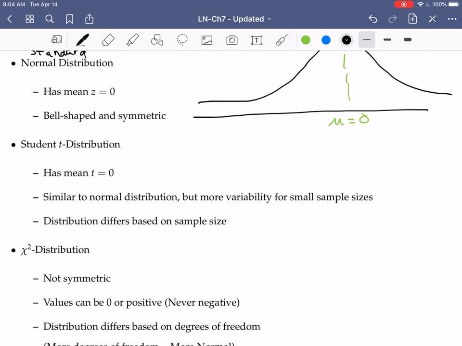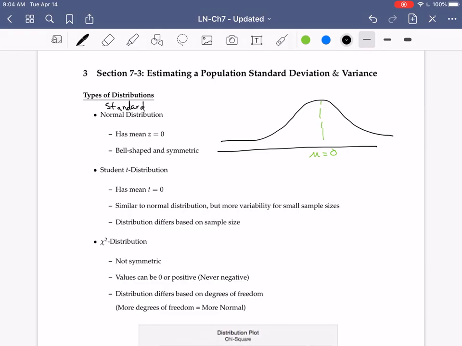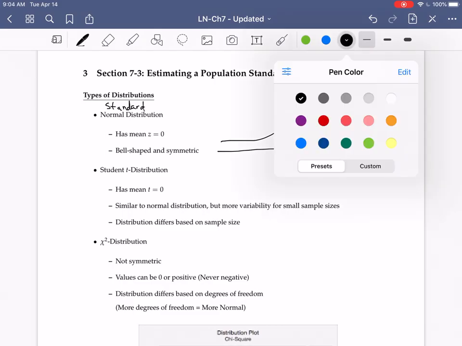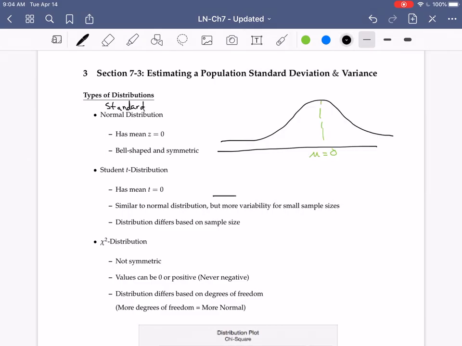We also have the student t-distribution, or the t-distribution. That distribution looks normal-ish. It has a mean t equals 0. However, it has more variability for small sample sizes. So depending on the sample size, that distribution might look a little bit different.